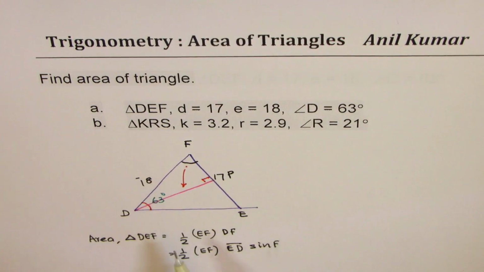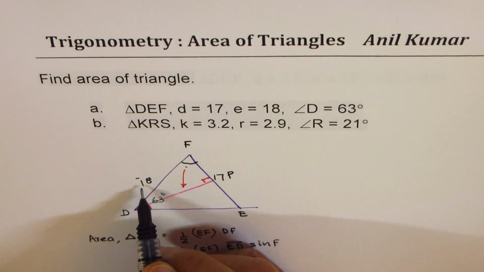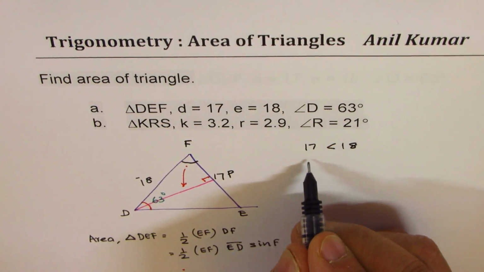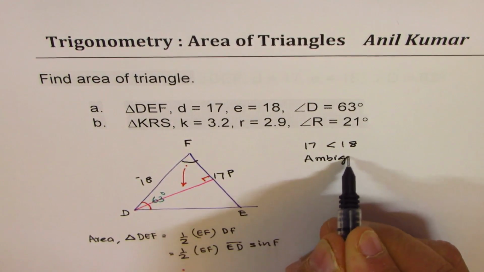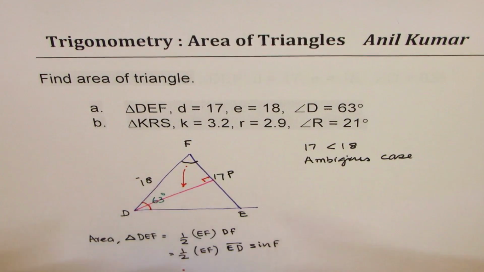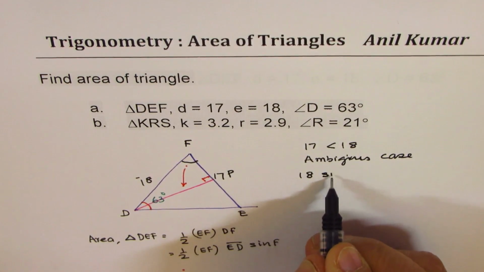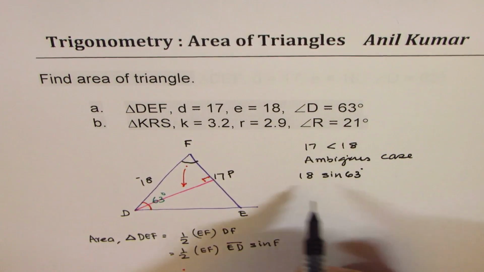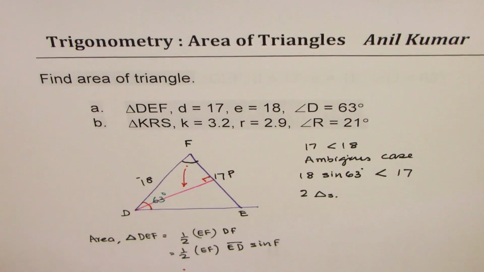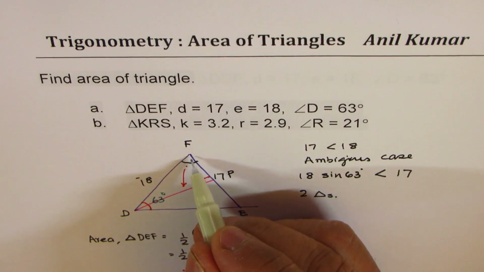Now you have also learned about ambiguous cases. With this condition, we already know that this side 17 is less than 18, right? So we could have ambiguous case. That means two triangles are possible. So we need to find what is 18 sine 63. And if this is less than 17, then we have two triangles, correct? So the other triangle will be kind of like this.